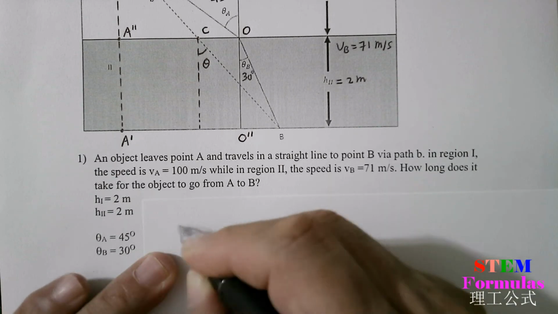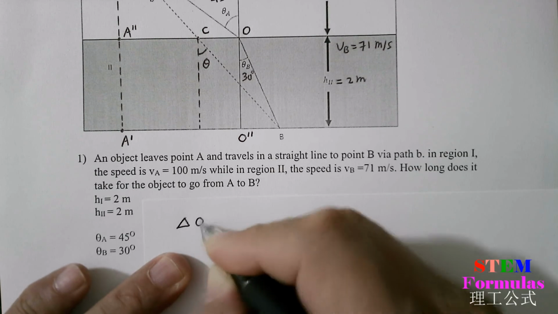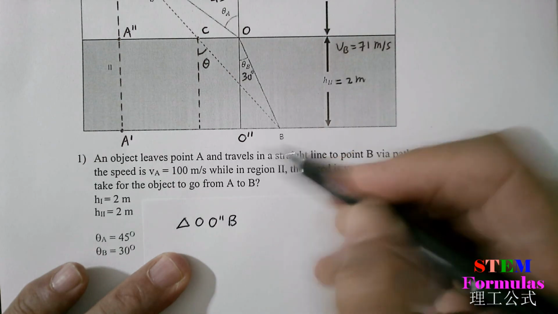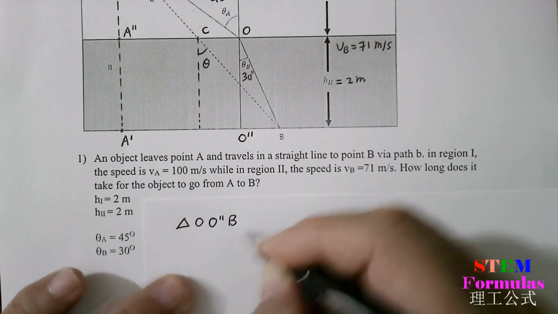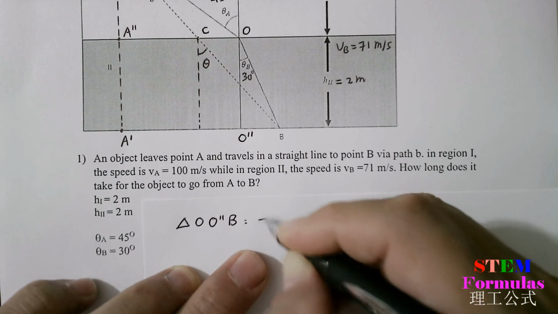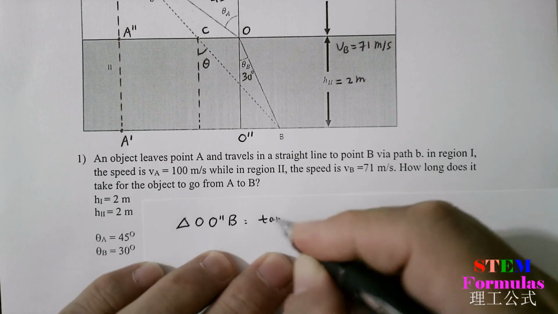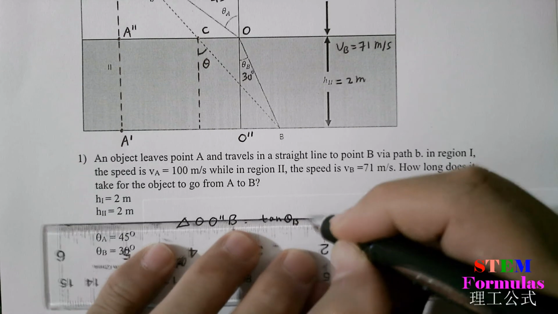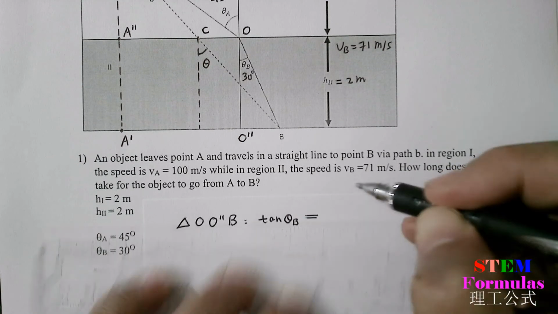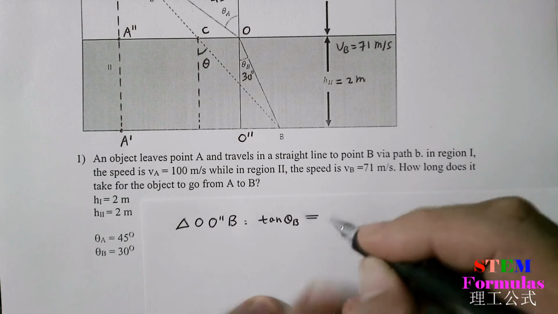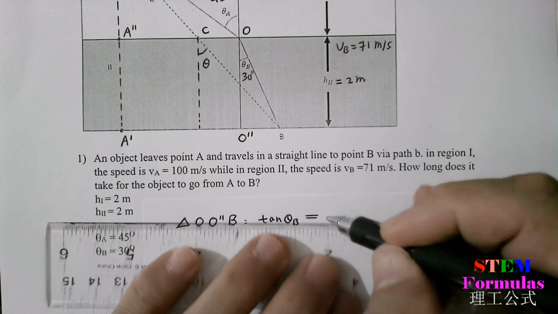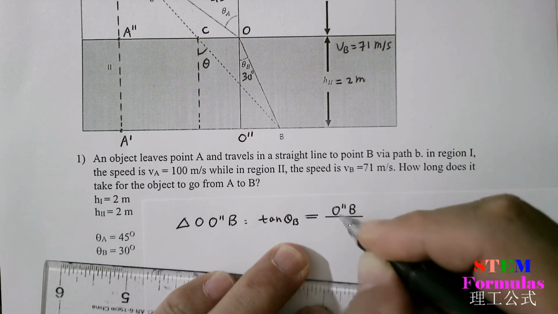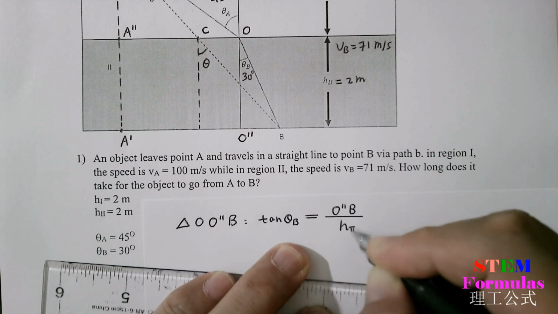So consider triangle O O double prime B. Tangent theta B equal O double prime B divided by H2.